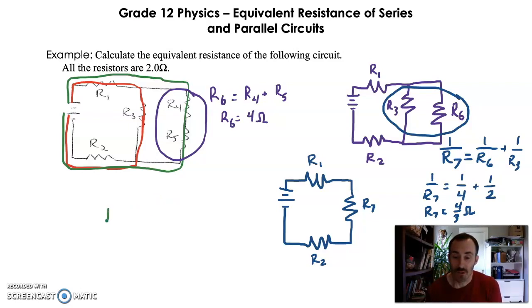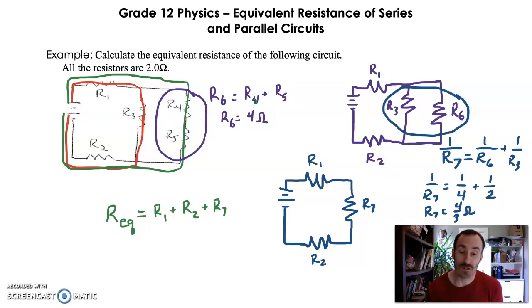So our series rule, REQ equals R1 plus R2 plus R7. Now you can use different notation for this R7 equivalent resistor. Some people, instead of writing R6, like to write R45 equals R4 plus R5, and then this one together would be R36 or something like that. However you want to make it clear is all right with me.